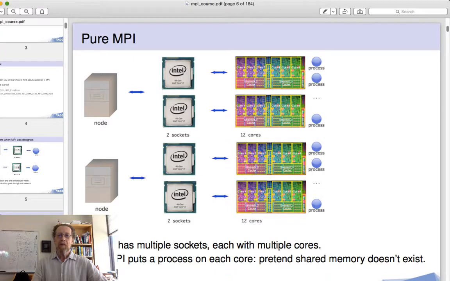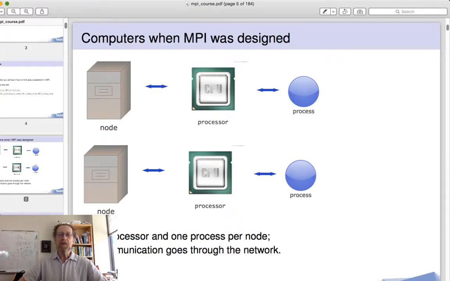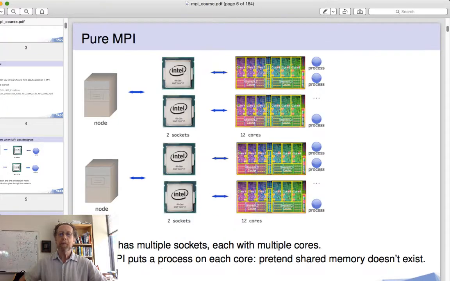And now MPI processes behave as if they're still in this world where two processes could only talk through the network. Never mind that in your modern processor, your processes are a fraction of an inch removed from each other and they share memory. To the programmer, processes look like they can still only talk through a network cable.